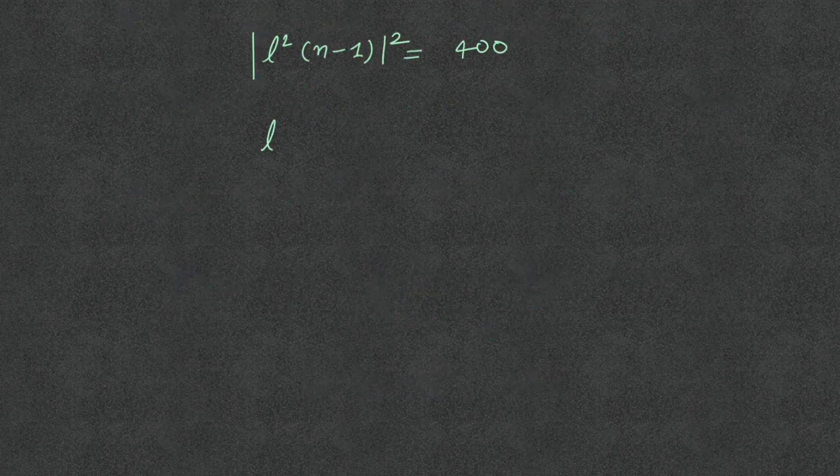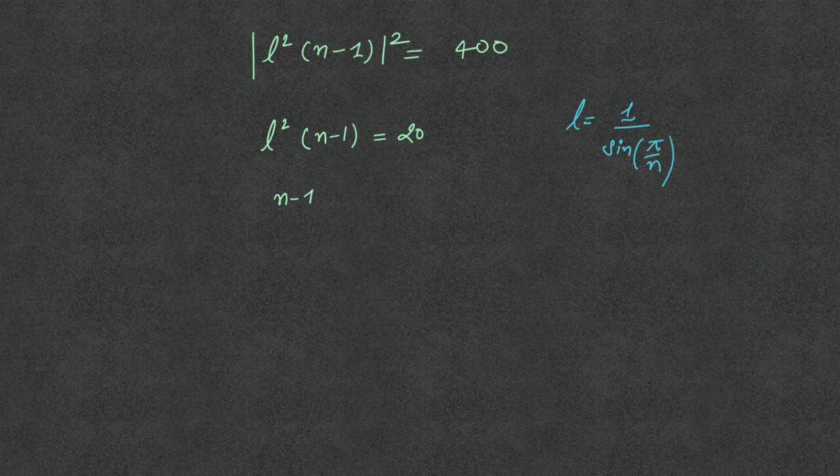Taking the square root, we get L square into n minus 1 equal to 20. And since we know that L is equal to 1 upon sine of pi by n, we get n minus 1 upon sine of pi by n whole square equal to 20.